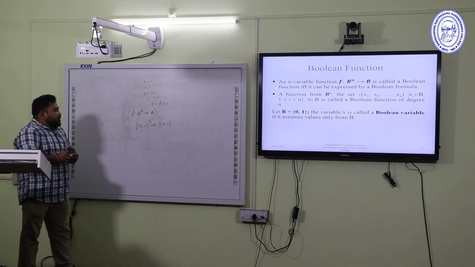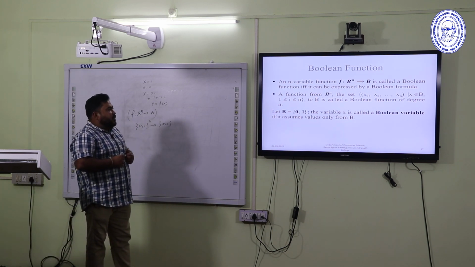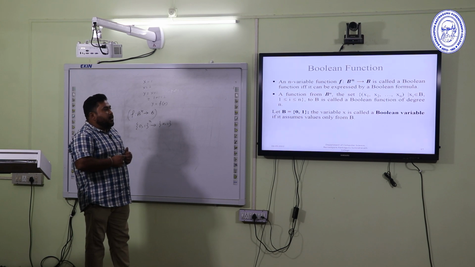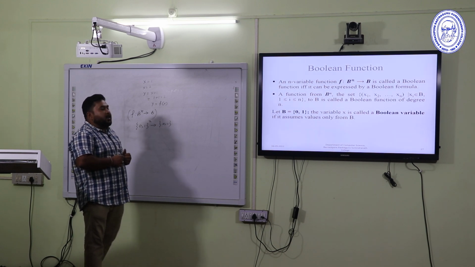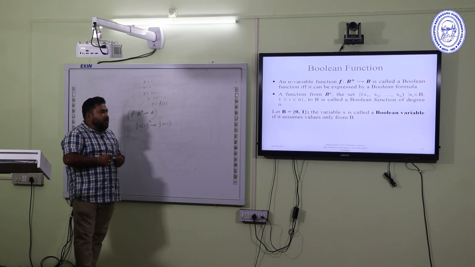Hence it is called the Boolean function, a function from B to the power n, the set of x1 to xn, where x is an element of B, and it is called a Boolean function of degree n. Here degree means the number of variables.